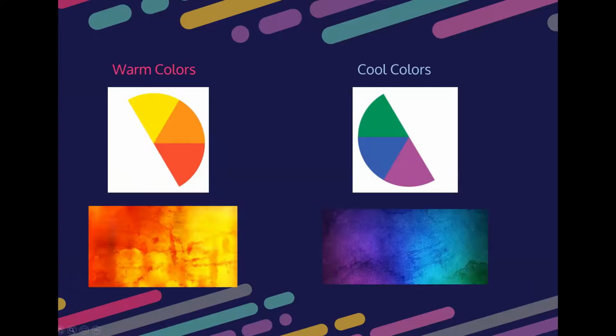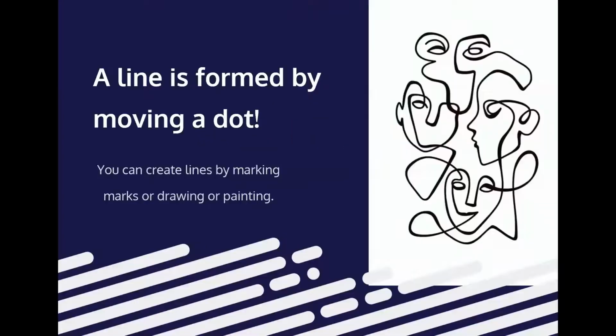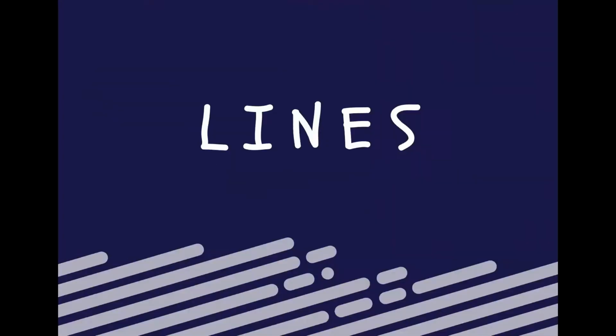All right, because I don't want to run out of time, we're going to talk about lines. One more question is what happens to gold and silver, because that's a color too. Gold is a part of yellow, and silver is more of a tint or a shade because it's part of black and white.